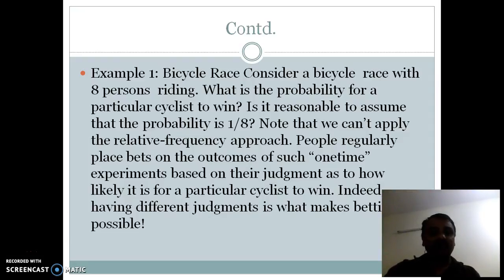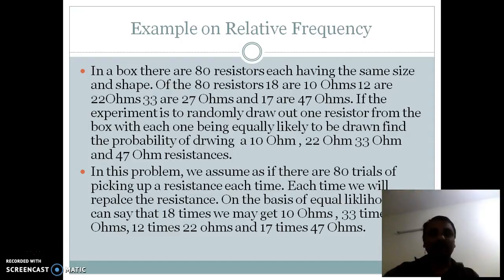Note that we can't apply the relative frequency approach because we can't repeat the experiment. It takes a lot of time in repeating. People regularly place bets on the outcomes of such one-time experiments based on their judgment as to how likely it is for a particular cyclist to win. Indeed, having different judgments is what makes betting possible.